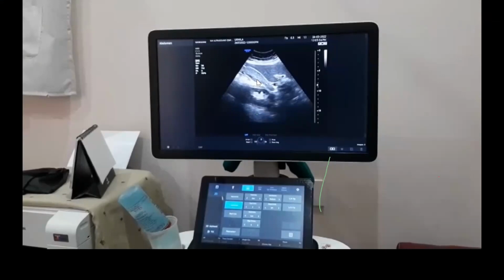So this is nothing but a diffuse sludge which is occupying the whole of the lumen of the gallbladder. Very simple. It is a sludge. Very good, doctor. You hit it right.